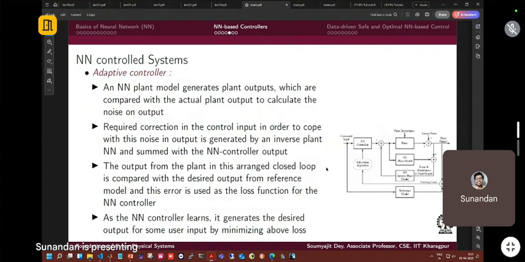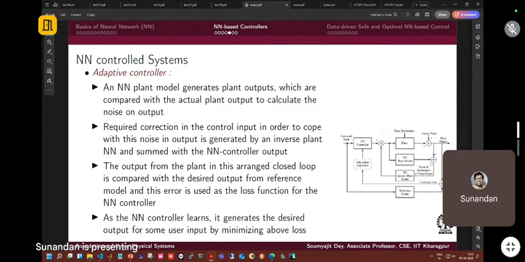So the adaptive controller is another kind of NN-based controller. If we use an adaptive controller in the loop in this case, what happens? We have a plant, and again the plant output is being sent to the NN-based plant model, along with the inverse plant model. The NN-based plant model is taking the input, and it is trying to estimate how the plant is behaving.